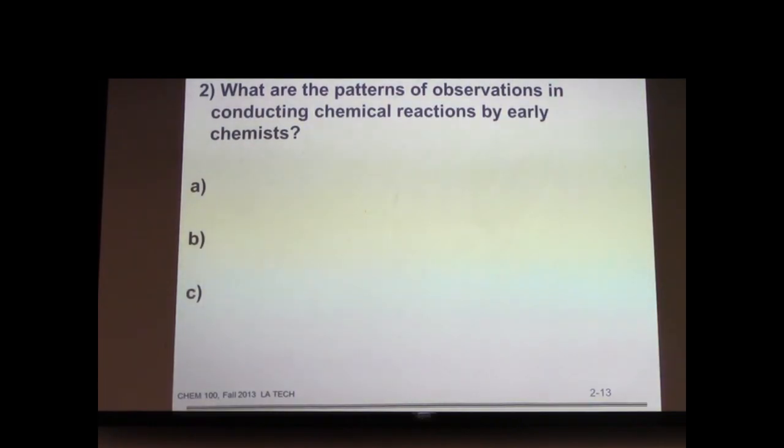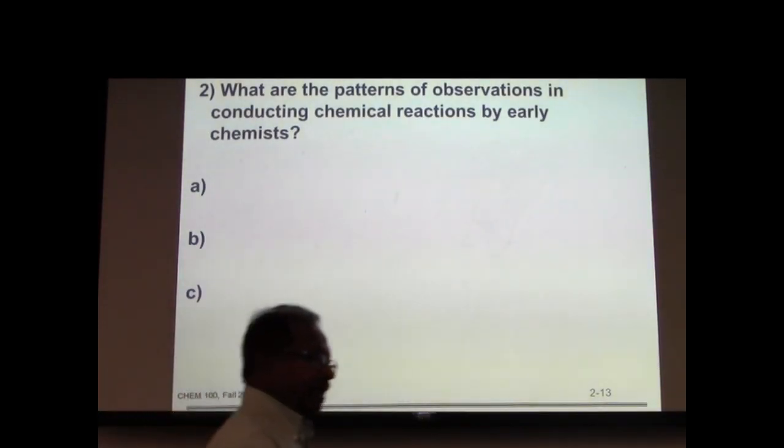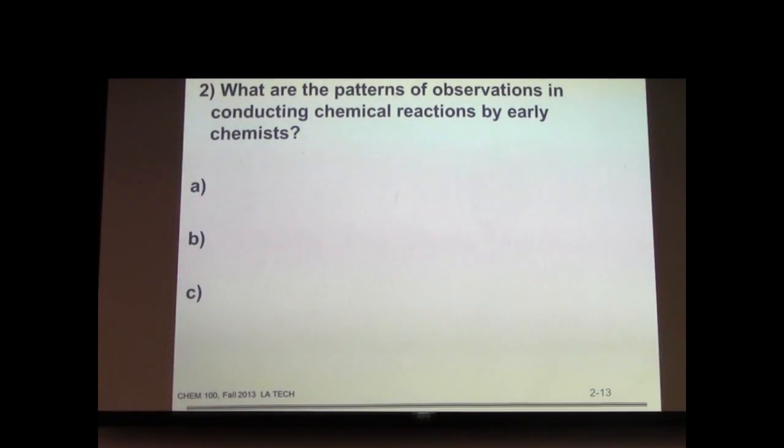What are the patterns? I'm asking this question. First, the law of conservation of mass: the mass of the reactants before the chemical reaction is equal to the mass of the products after the reaction. Then the second one is the law of constant proportions: in a given chemical compound, the simple ratio of masses of each element is constant, 1-to-8 in water, right?